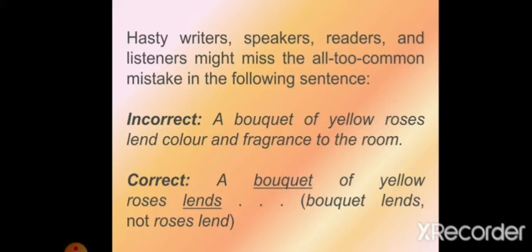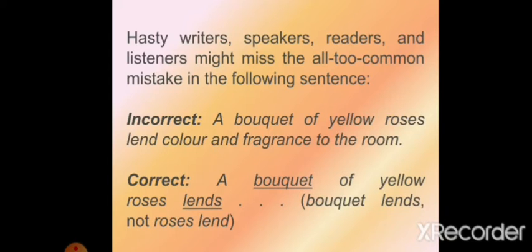A bouquet of yellow roses lend color and fragrance to the room. Identify the subject. A bouquet of yellow roses. Actually, the subject is bouquet. Did you notice? A bouquet of yellow roses lends color and fragrance to the room. So that's why the verb will be lends.